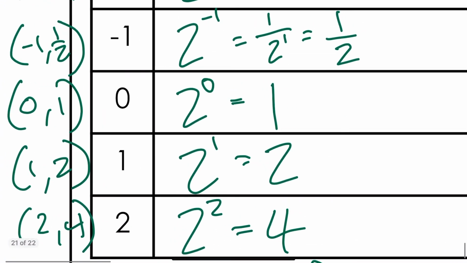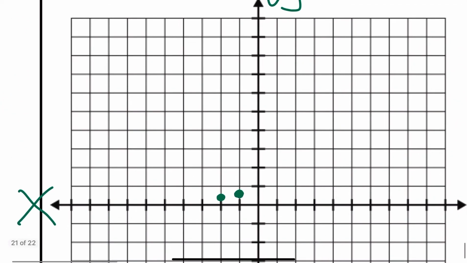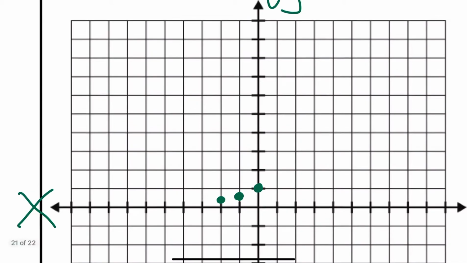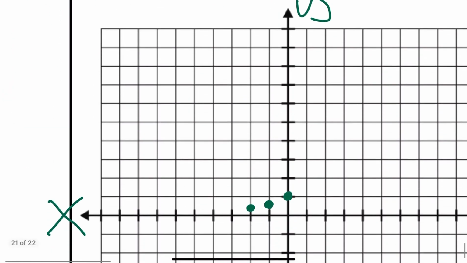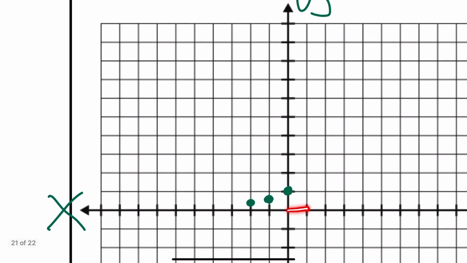All right, next one. I have 0, comma 1. Well, that one's a little bit easier because that's going to be exact. So 0, comma 1. I'm going to start at 0 and then go up to 1 right here. All right. Then we're going to go with the next one, 1, comma 2. So I'm going to go over to positive 1 and up 1, 2 right here.